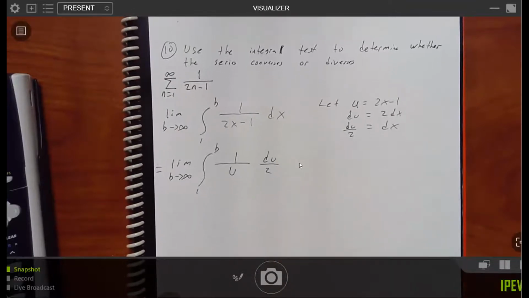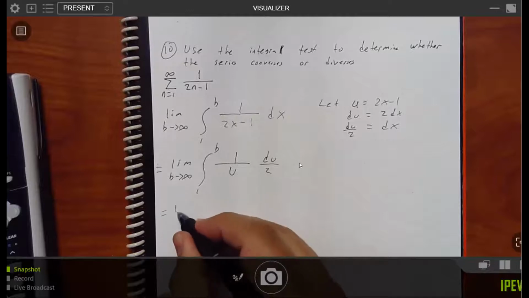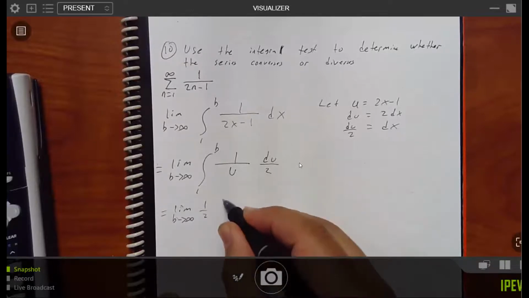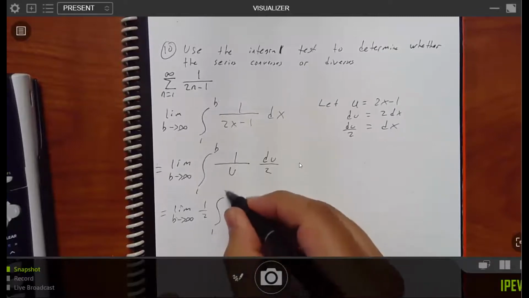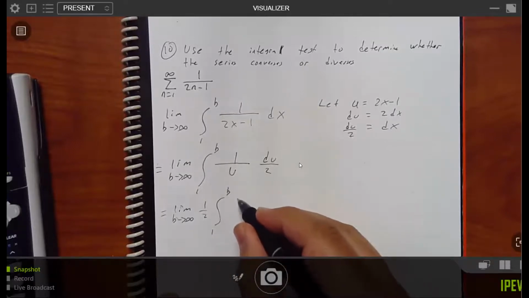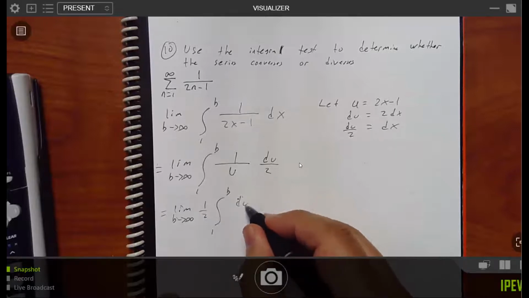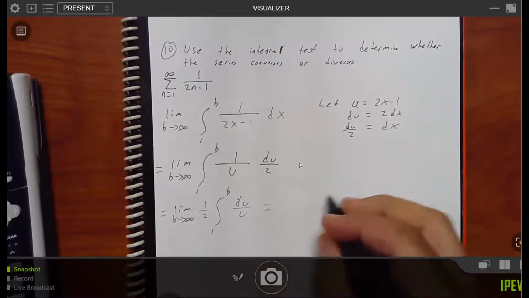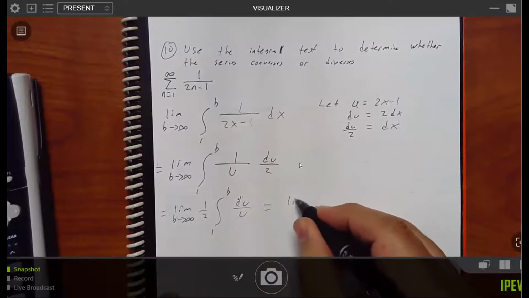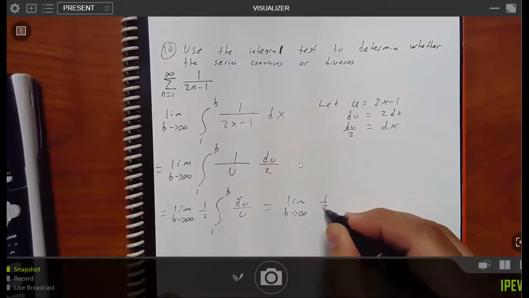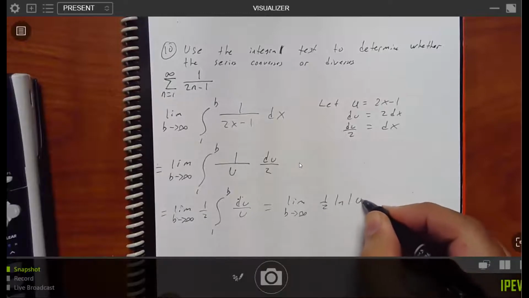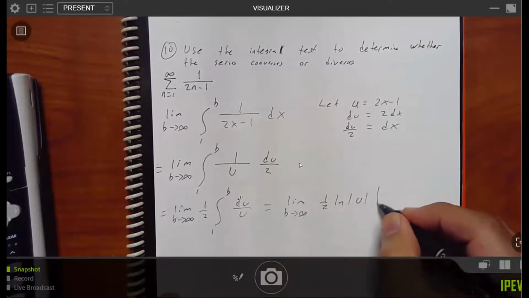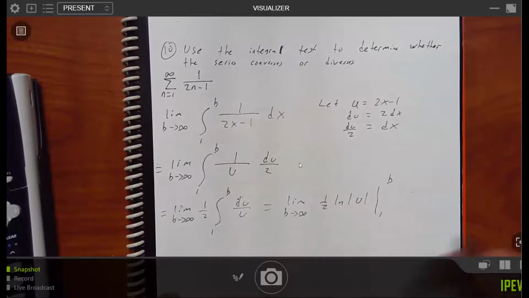That will be, if you want, du over u. So we will get the limit as b approaches infinity of 1/2 ln u from 1 to b. Change it back to x and take our limit.